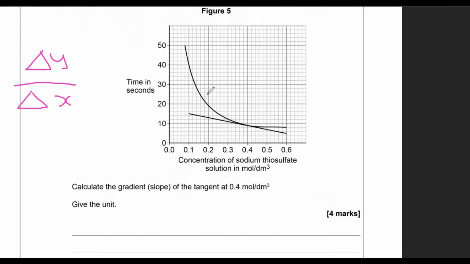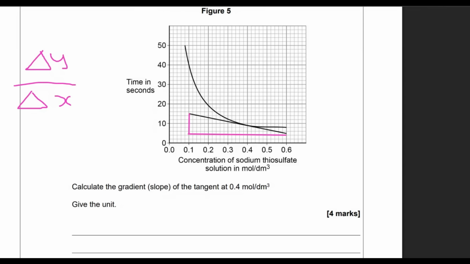We can draw a triangle anywhere along here to calculate the gradient. I'm going to do this the easiest way I can, and make a triangle like that and like that, and then do the change in y over x.